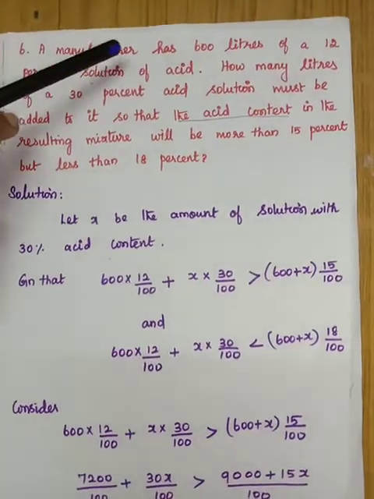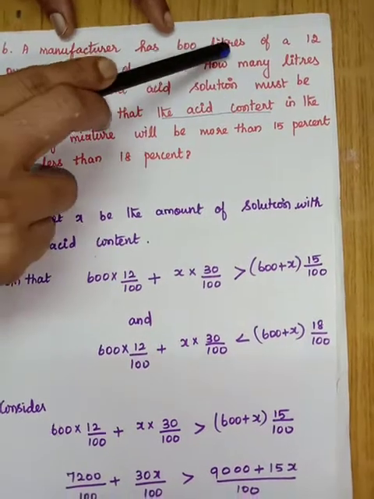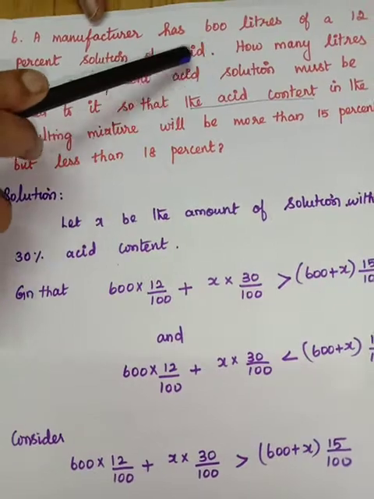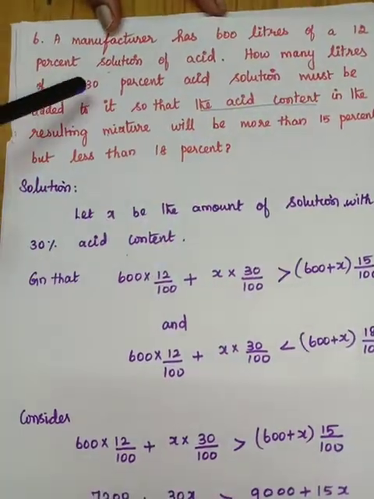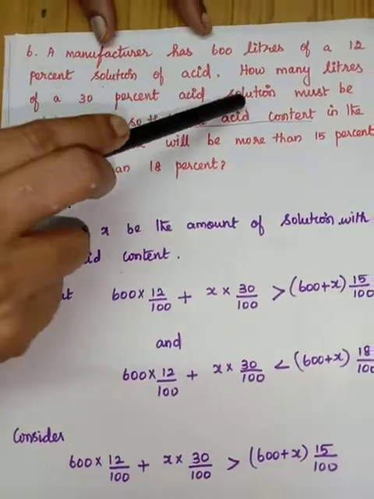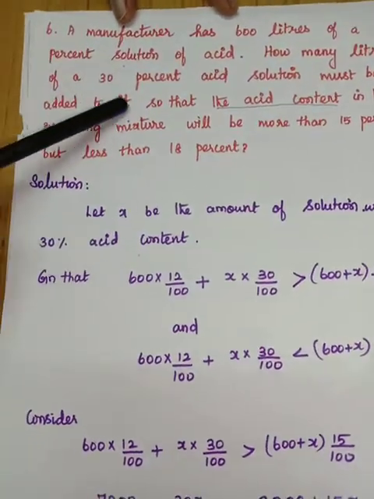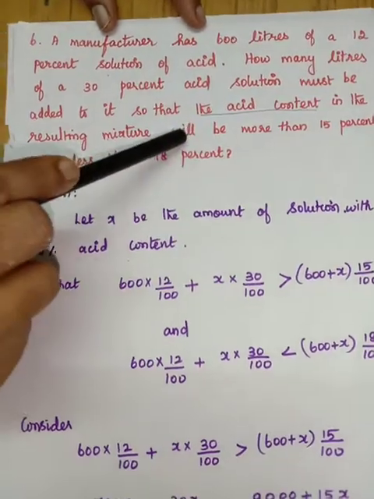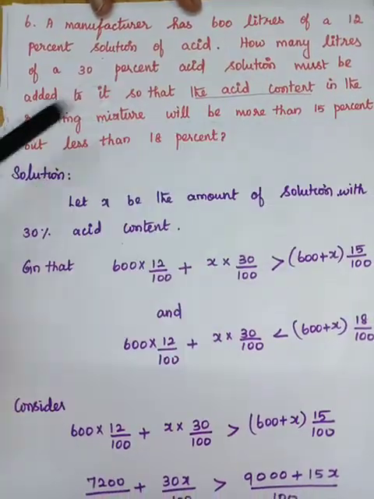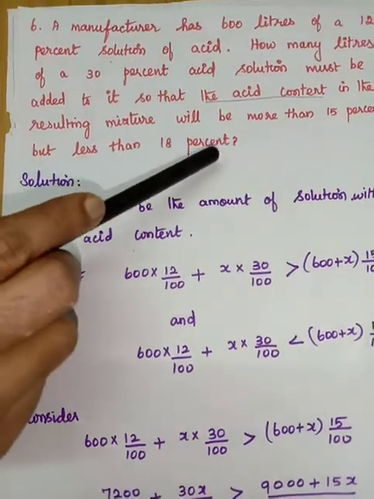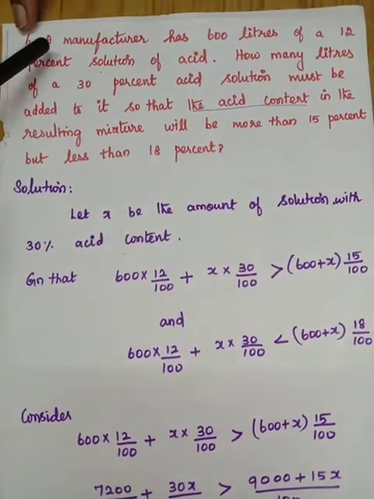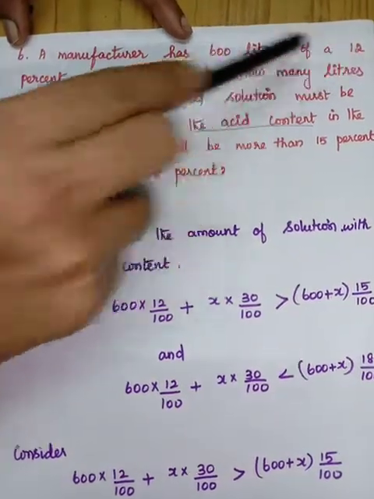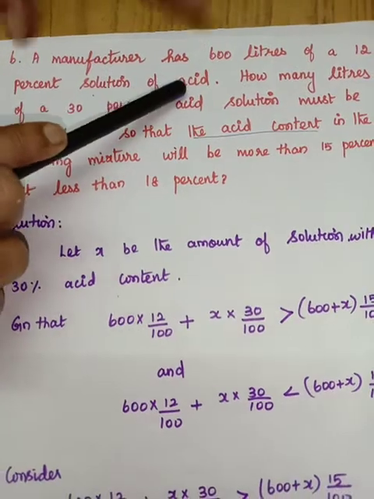A manufacturer has 600 liters of a 12% solution of acid. How many liters of a 30% acid solution must be added to it so that the acid content in the resulting mixture will be more than 15% but less than 18%? See the first sentence: the manufacturer has 600 liters of a 12% solution of acid.